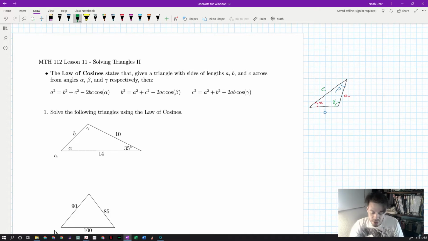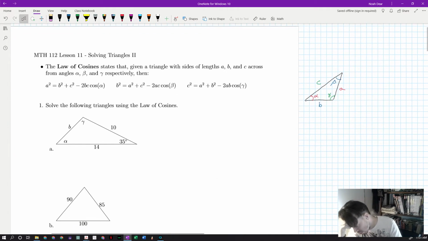And so I can change the order of where I put the angles as long as I keep gamma across from c, alpha across from a, and b across from beta, respectively, for these equations to work out the way they do. So the equations go like this, and they're all symmetric. They're all essentially the same thing, just changing the order of which side goes with which angle, or which side is across from which angle.